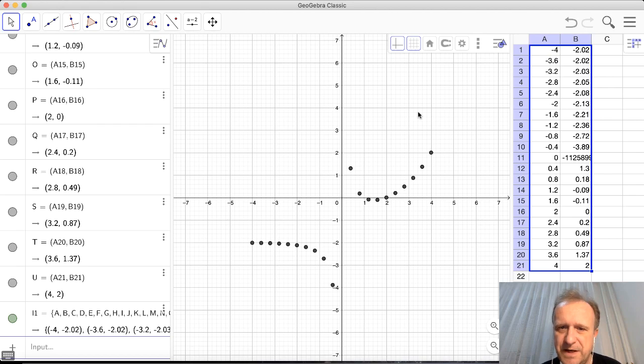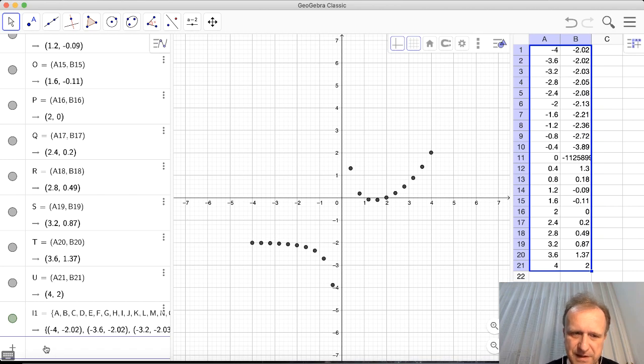Okay, so these are the points of the graph, and you can see something shows up here. It looks like the curve would go like this, and also here perhaps it would go something like this.